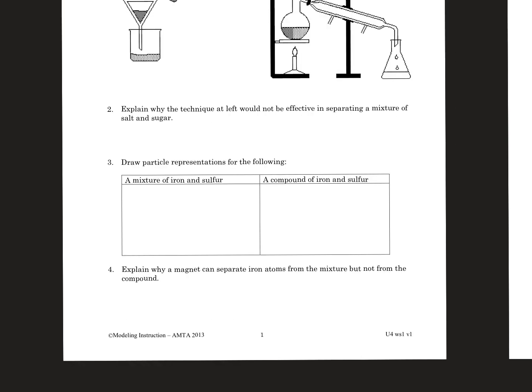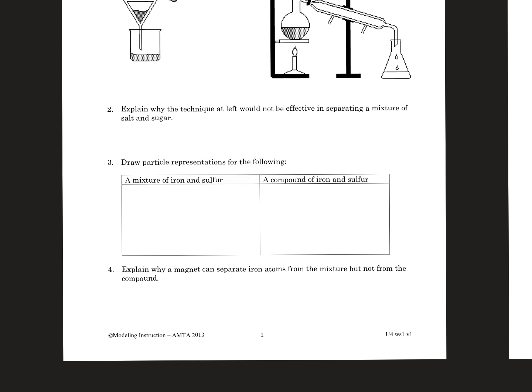All right, what about this question number 2? Explain why the technique at the left would not be effective in separating a mixture of salt and sugar. Okay, well, all right. I know that in class I said, let's substitute the word sugar for water, okay?